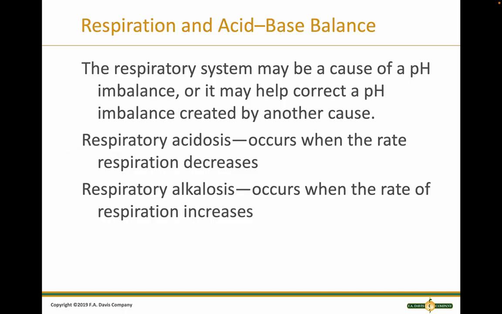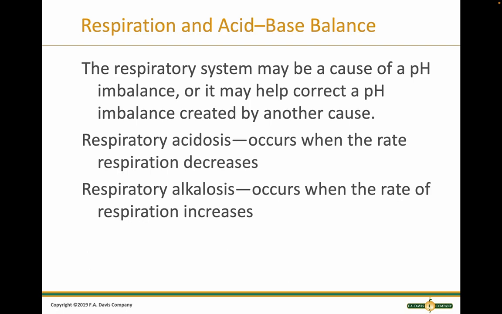And then finally, the respiratory system can be the cause of a pH imbalance, or it can help correct a pH imbalance. We did talk about this in the other chapters. Basically there are two words that we use. We use respiratory or metabolic to define where we're talking about, either the lungs or the kidneys. And then we use the word either acidosis or alkalosis to talk about the state of the blood.